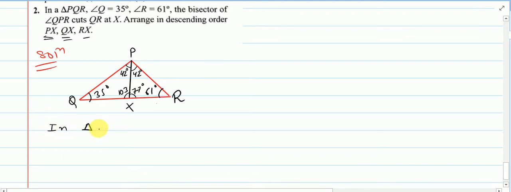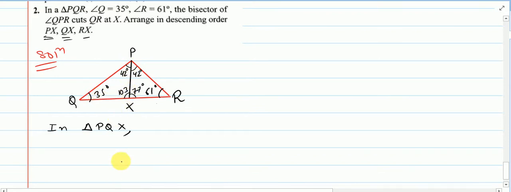In triangle PQX, here you can see that opposite to QX the angle is 42, and opposite to PX the angle is 35.